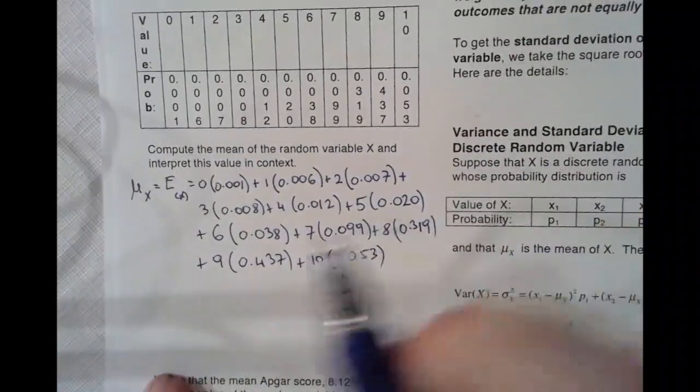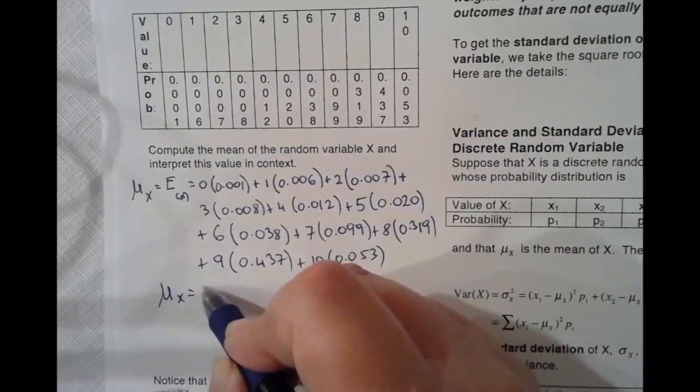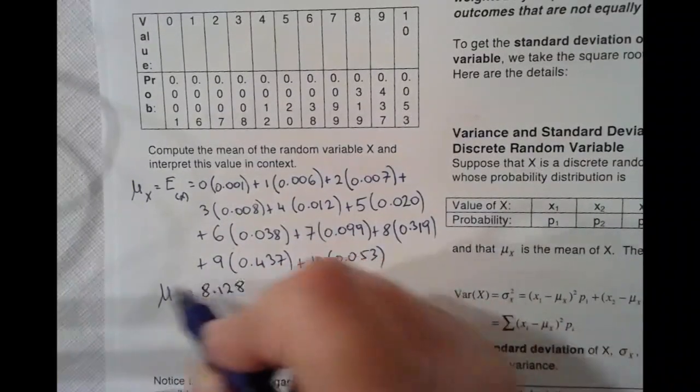You add them all together and you get your mean, and the mean of X is equal to 8.128.